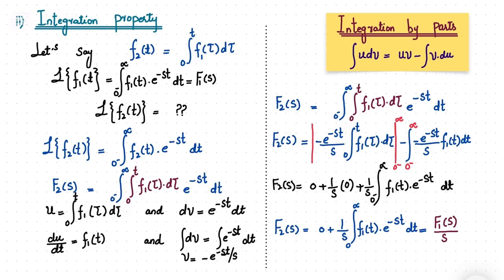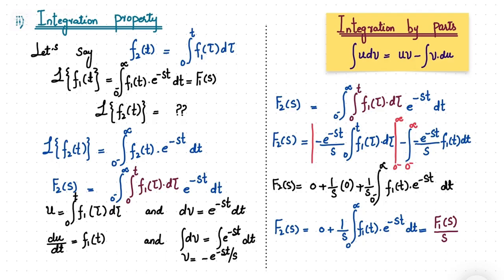So this is 0 plus 0 equal to 0, and the rest of the thing is this factor, and we know that this can be written as f1 of s. Therefore, we say that the Laplace transform of the second function is equal to the Laplace transform of the first function divided by s.